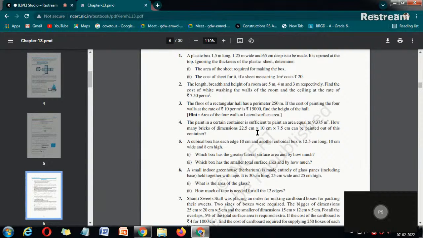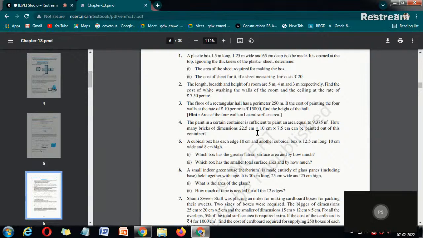To remove the decimal points, we multiply, and we get 93750 by 9375, and we get this as 100.